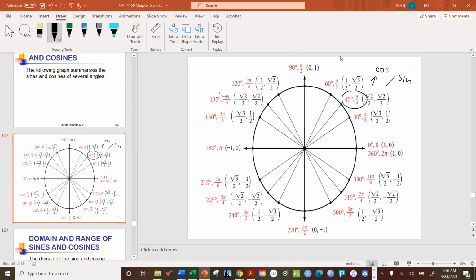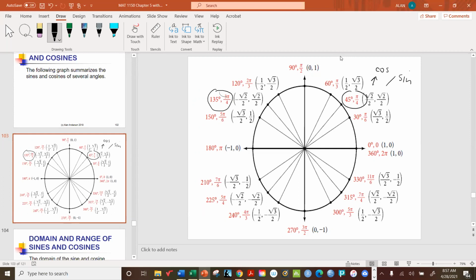Let's say to 45 and 135. You can see that the coordinates are the same, except in the second quadrant, X is negative. So therefore, for 135 and 45, we'll have the same sine, but we'll have the opposite sign for the cosine.